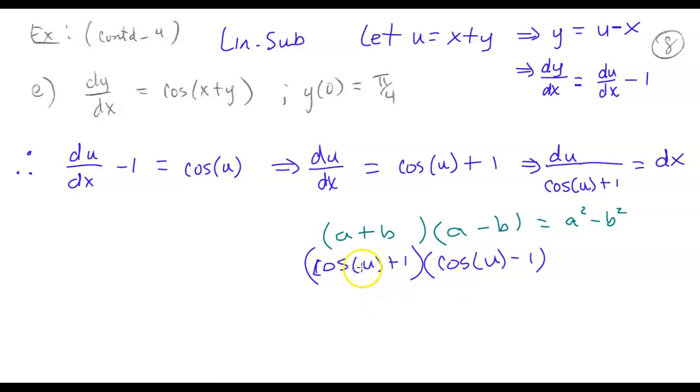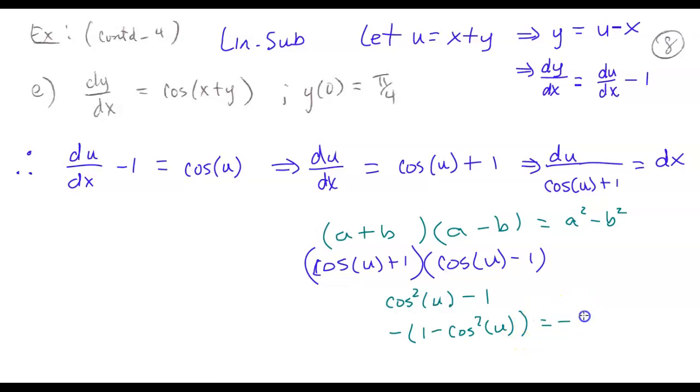And if I know that I can rewrite this as cosine squared u minus 1, this looks like something that's a little bit more familiar that we can simplify, because this looks like the negative of one of those trig identities, okay? And specifically speaking, we know we have this situation here.